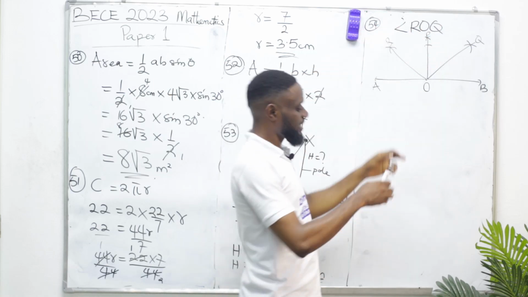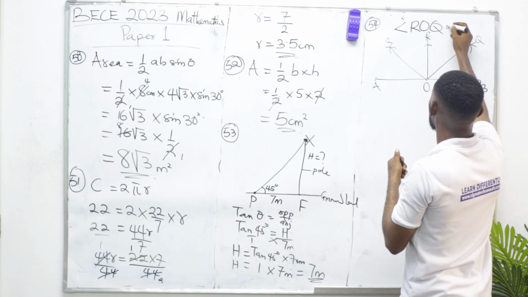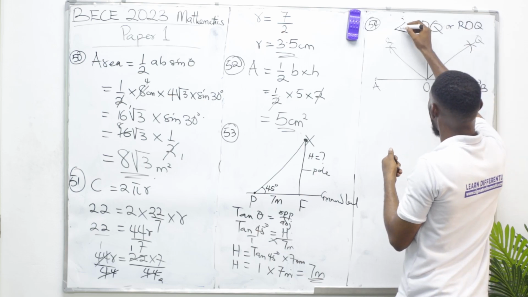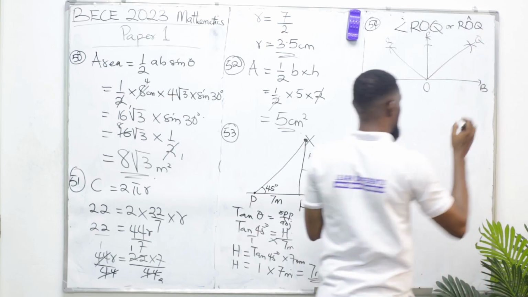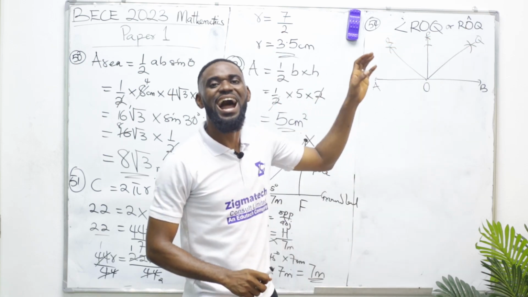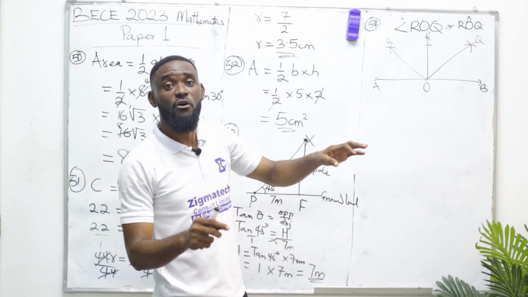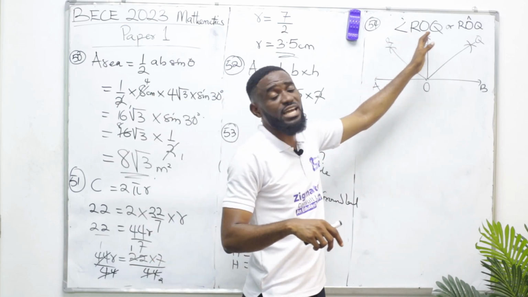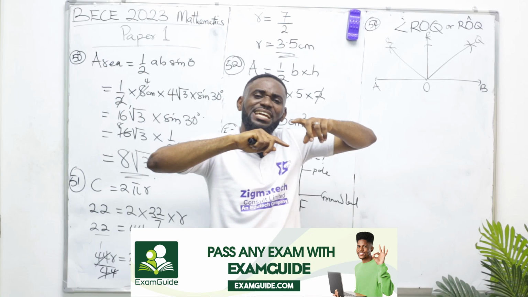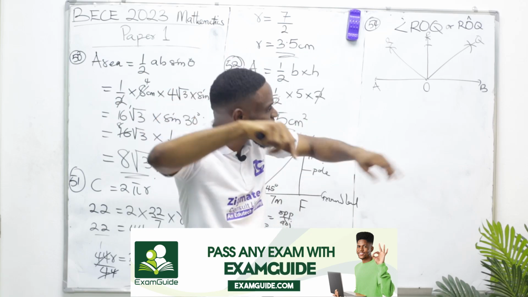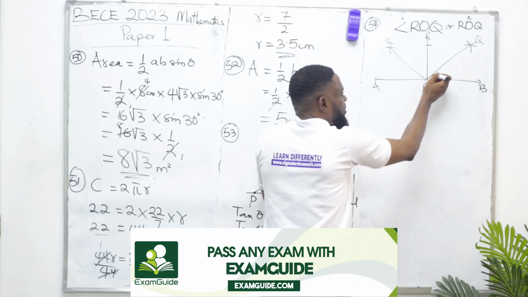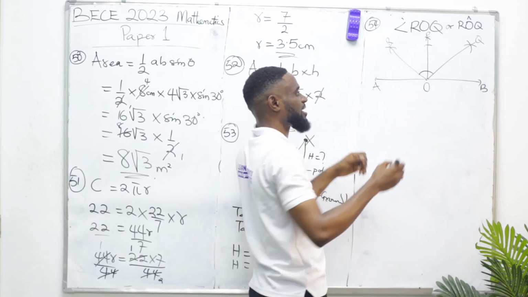They will either put this in for you like this, or some persons will say R, O, Q, and put this angle sign on top of O. But whether they put the angle sign on top of O or not, once you see the sign of angle before the alphabet, the part that is considered is the middle letter, meaning here. If this is angle ROQ, they are talking about this thing from here down to this place. Do you understand?